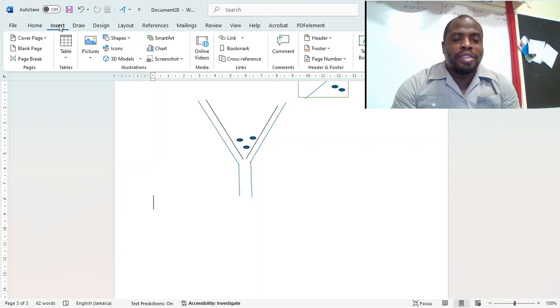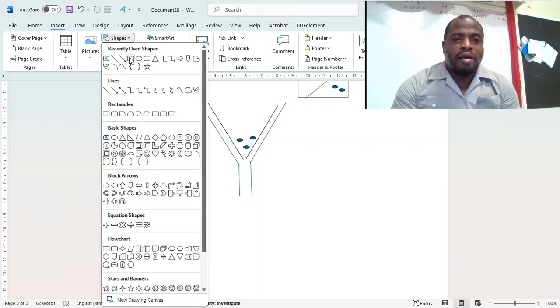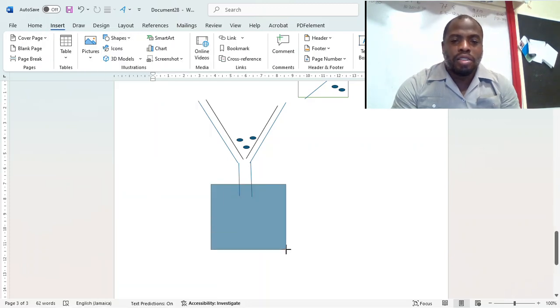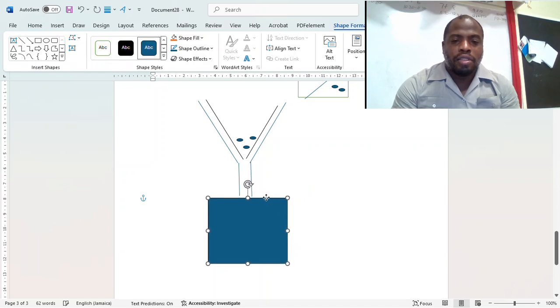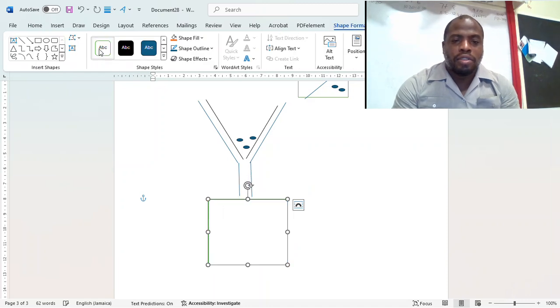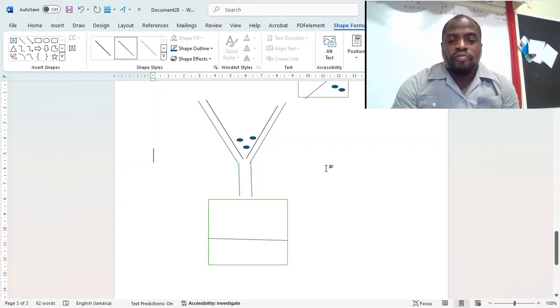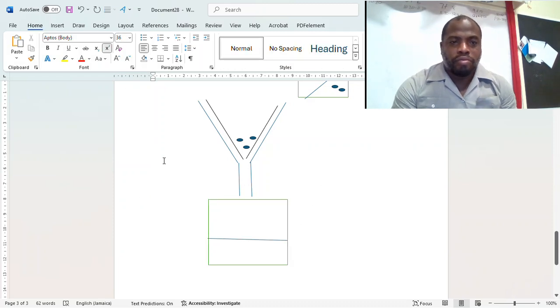So we'll have another beaker here, and this beaker will be collecting the seawater from our mixture.